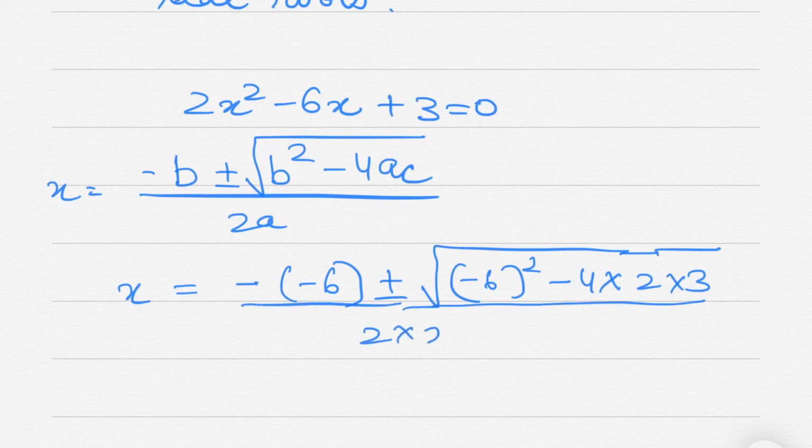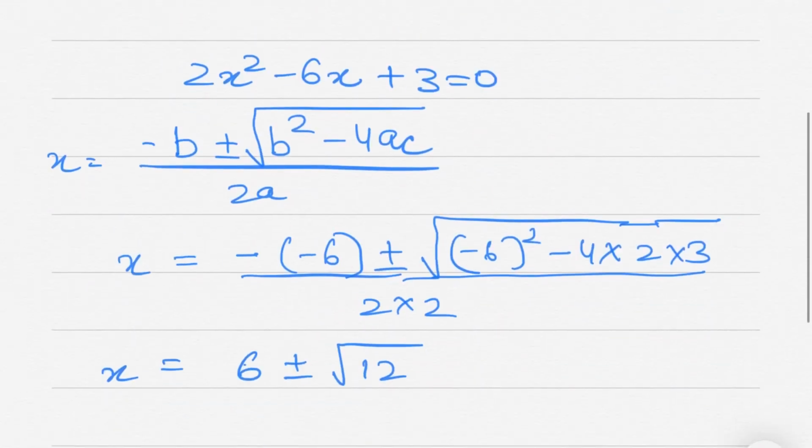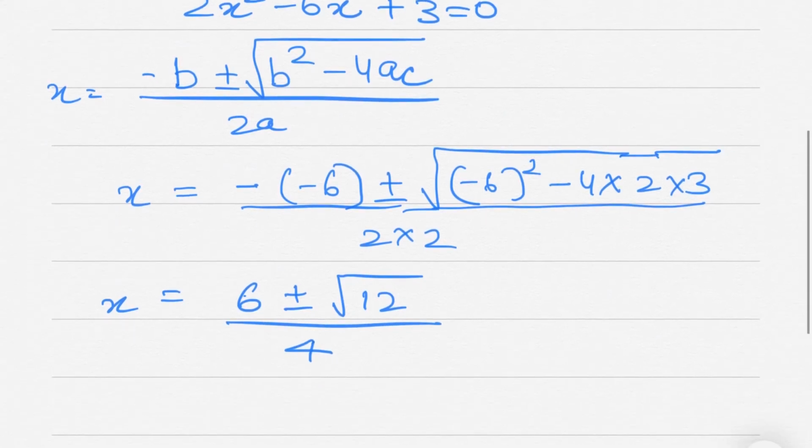So 2 into 2 here. So x is equal to 6 plus minus root of 12, all by 4, because we already found the discriminant is 12. Now 12 is 4 into 3, so I can take 2 out and 3 here.